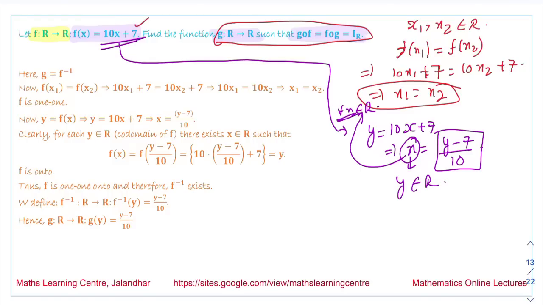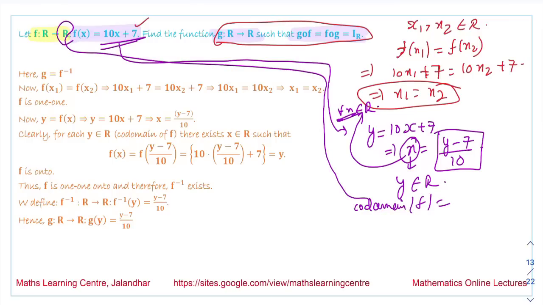It means the codomain of the function f is equal to the range of function f, and this range of function f is equal to the domain of the function. If we write this function as g of y, then this is equal to the domain of the function g, and this function gives us the inverse of the given function.